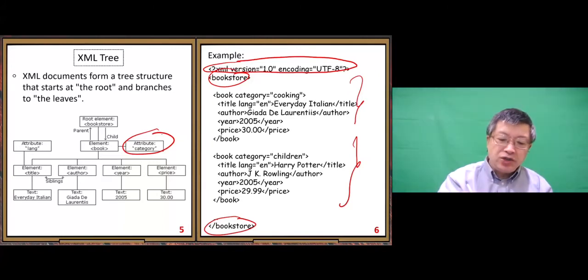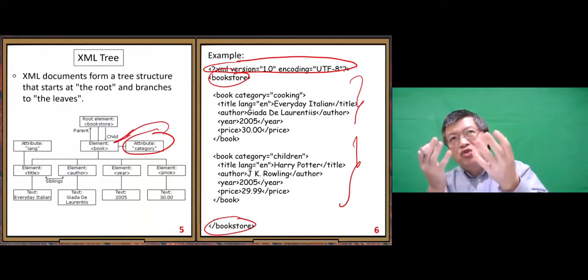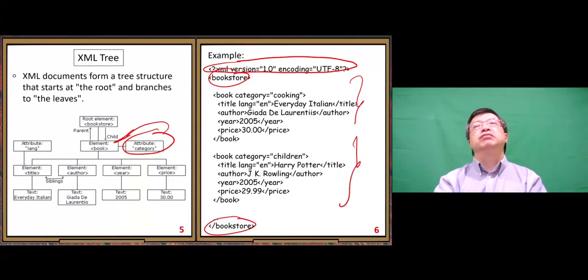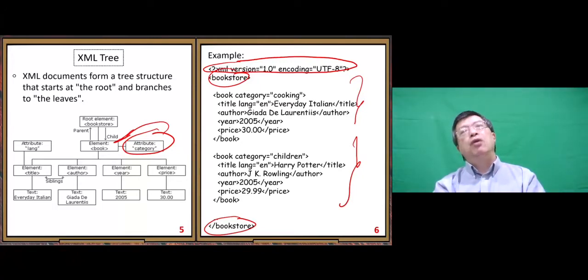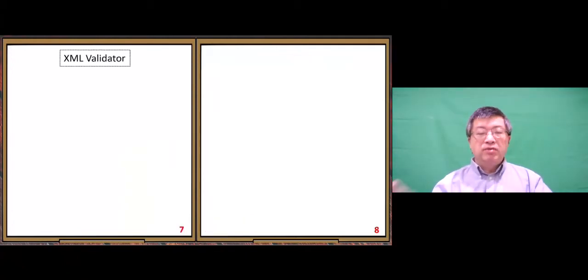You attach it to one particular node to provide some extra information. You can treat it as special data associated with that node. Sometimes we call this kind of data satellite data. All right, so that's the simple structure of an XML document.